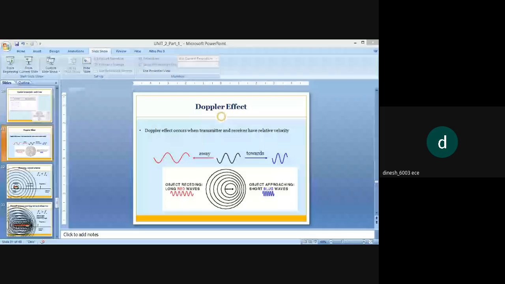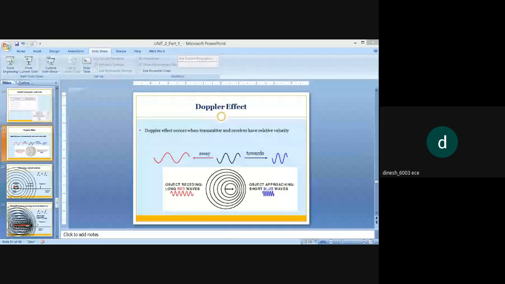It is generating a frequency Fs, observed at a frequency F0. So here F0 is greater than Fs. The observer hears an increase in frequency, with a shorter wavelength, as the source gets nearer to the observer.